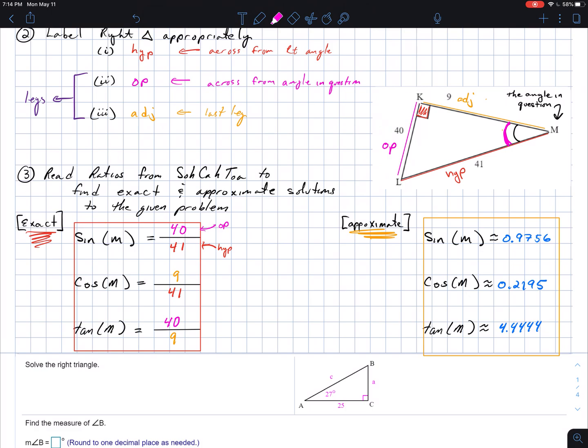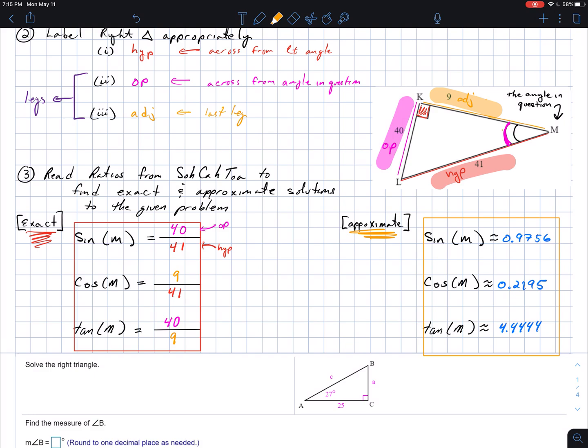It's opposite to that particular angle in question, M. The hypotenuse is clearly 41. So then the adjacent side must be 9 units in length. So I just color coordinated them to make sure you understood how to label your triangle appropriately with respect to a particular angle.